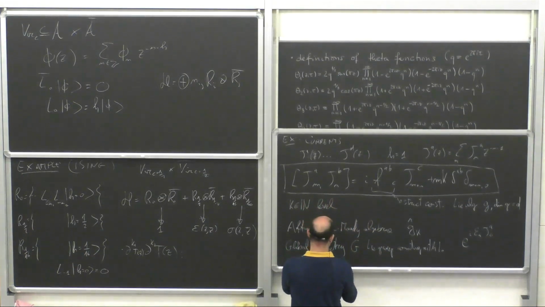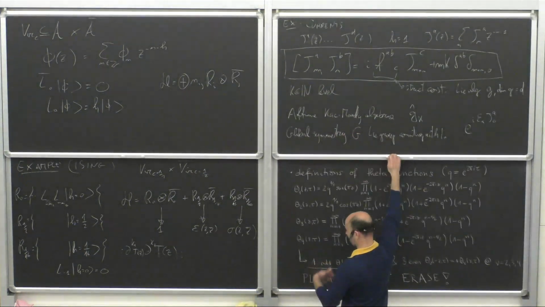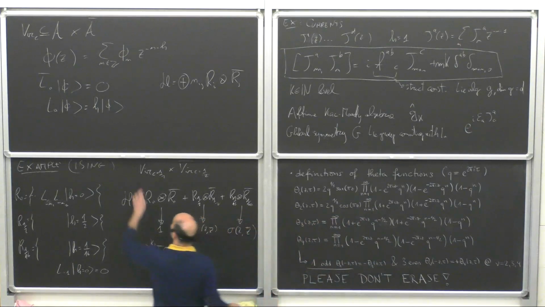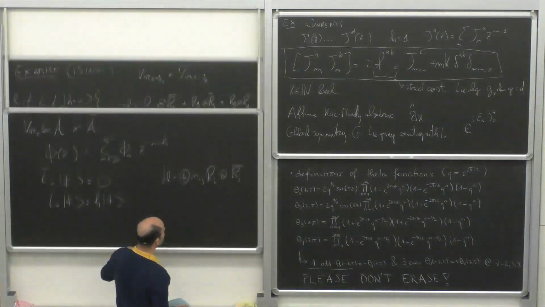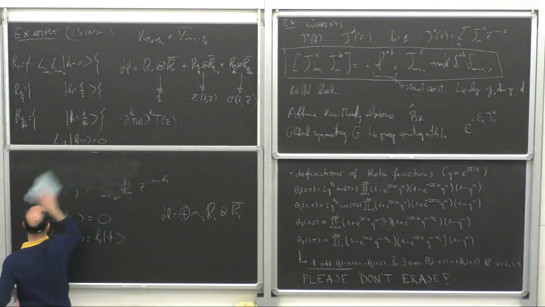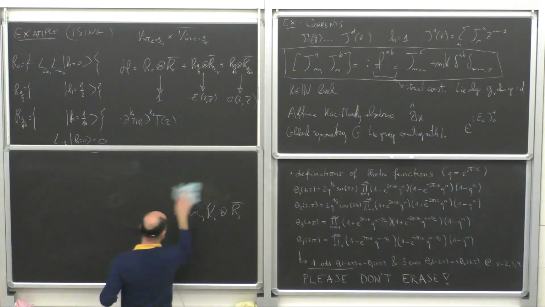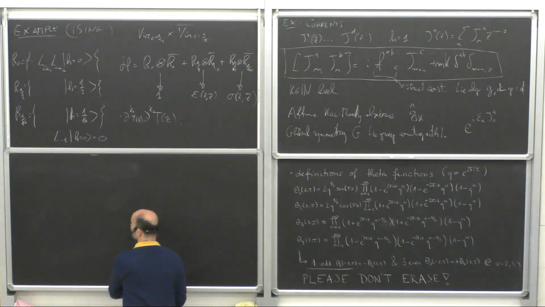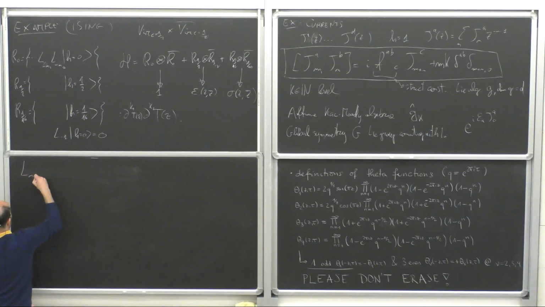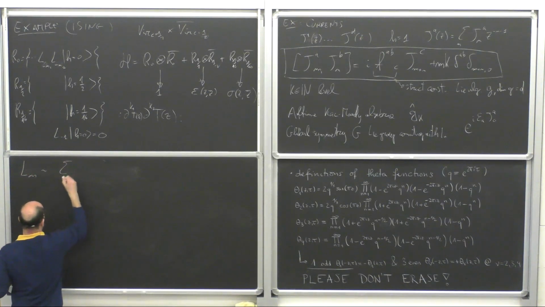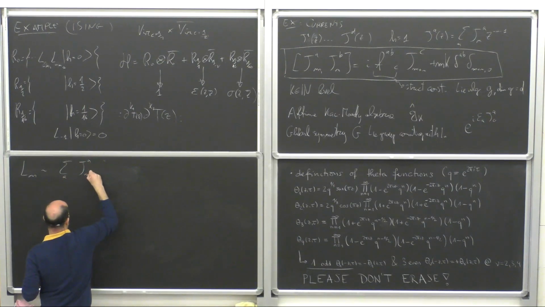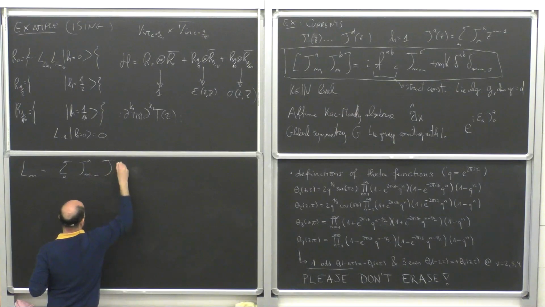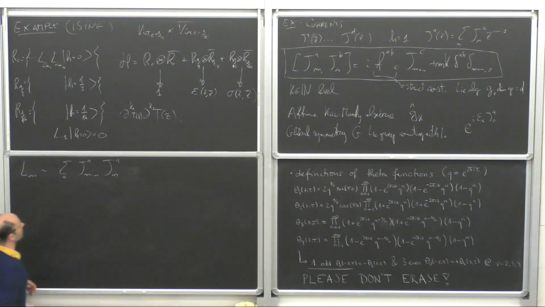So the Virasoro generators, up to a constant, are essentially given by the sum over A of J_{m-n}^A J_n^A, and a sum over n.